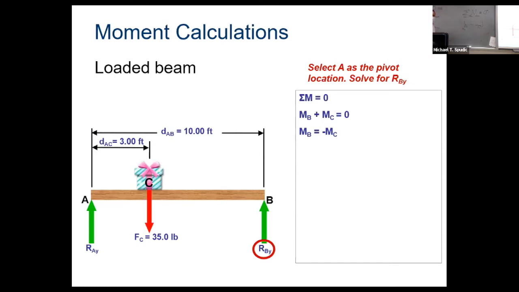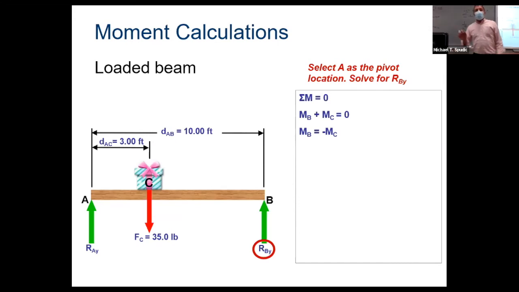This is a pin, and it has two reactionary forces: a reactionary force going up and a reactionary force going to the side. Okay? Do we remember what this one is now? What's the circle stand for? A roller. Roller, good. A roller only has one force. It only fights up.